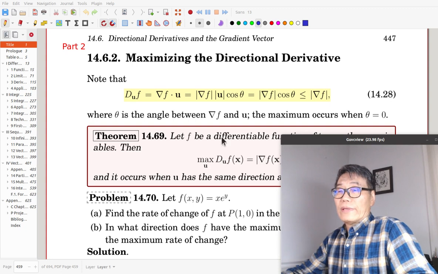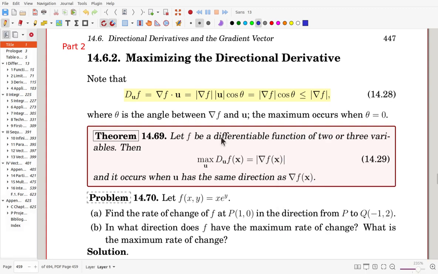So we have here a theorem. If f is a differentiable function of 2 or 3 variables, then the maximum of the directional derivatives is the same as the norm of the gradient of f.